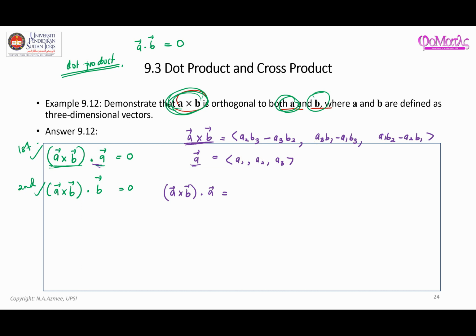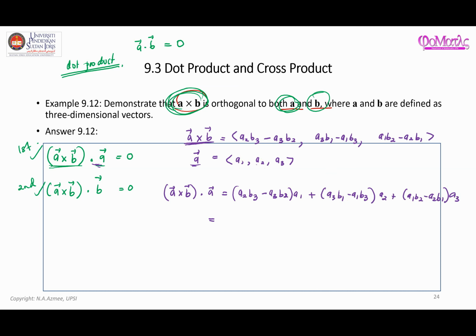So what we have next is we are going to multiply A2B3 minus A3B2 with A1. So this is multiplied with A1 plus, next this one, A3B1 minus A1B3 with A2 plus this one, A1B2 minus A2B1 with A3.